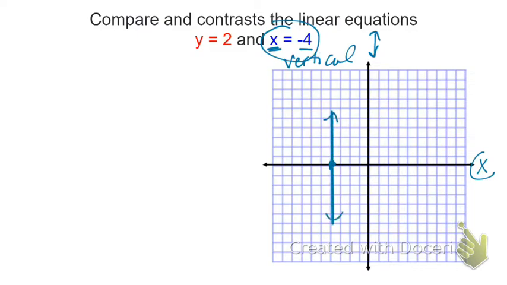Just like that. So how do I do the equation in red, y equals 2? I'm pretty sure you guys are figuring this out already. If I have y equals 2, it crosses my y-axis at +2. So I'm going to find +2. And again, would that be a good graph? What if I said to graph y equals 4?